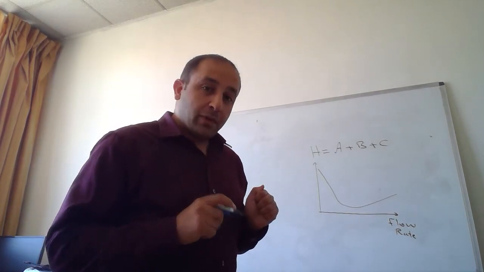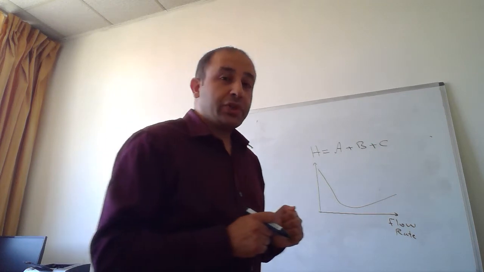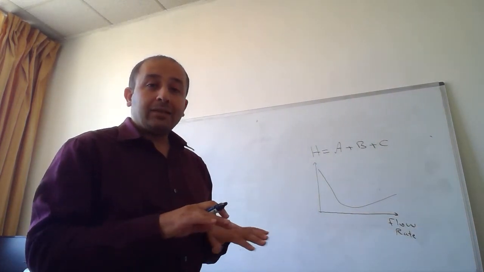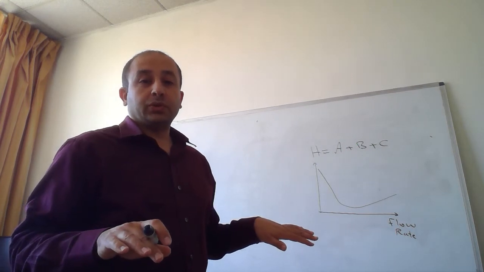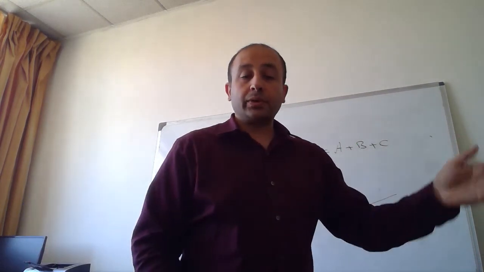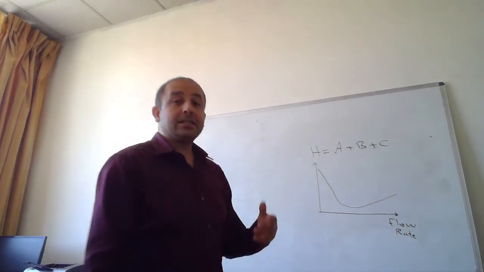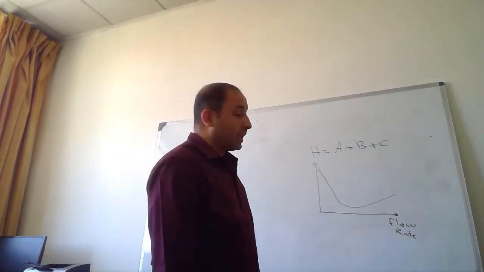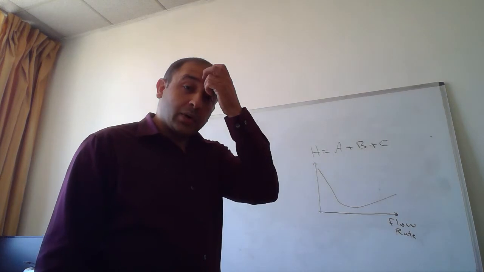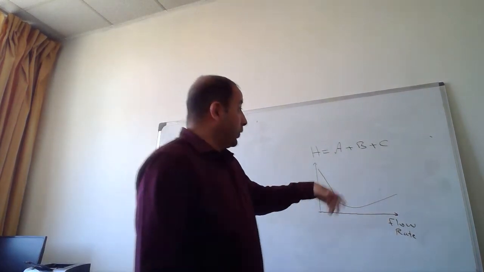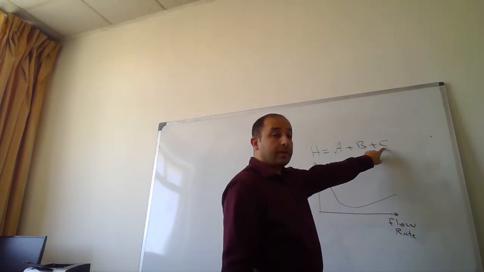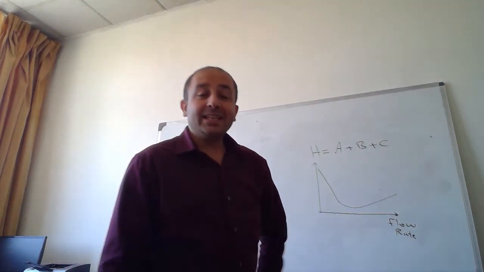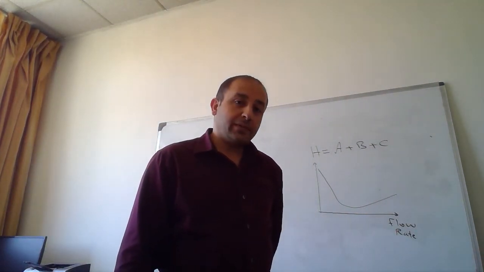So by a high flow rate of mobile phase, we significantly reduce longitudinal diffusion, which is unwanted diffusion, whereas the straightforward diffusion is enhanced by increasing the flow rate of the mobile phase. Now, in contrast, the resistance to mass transfer will be increased when you increase the flow rate.